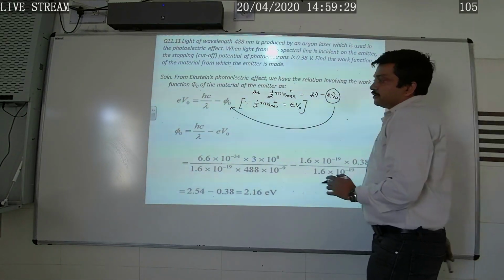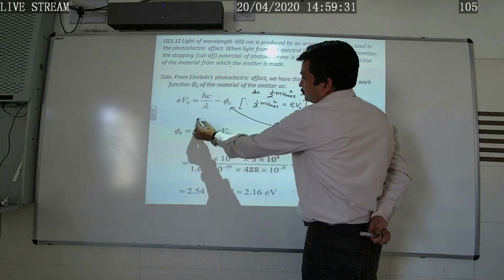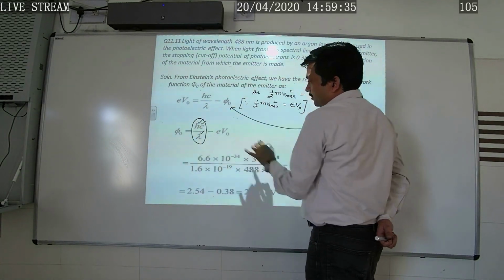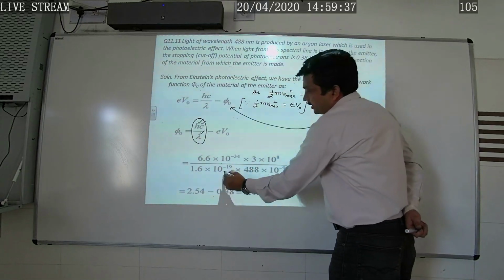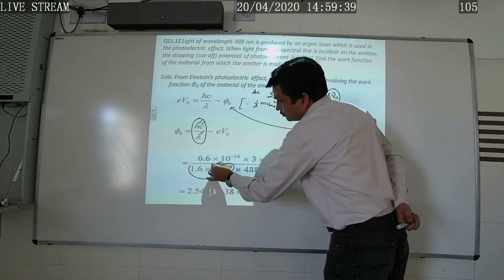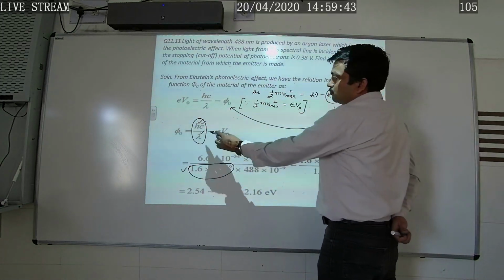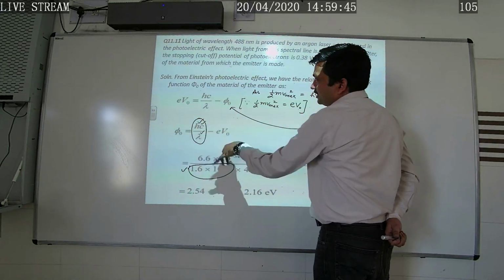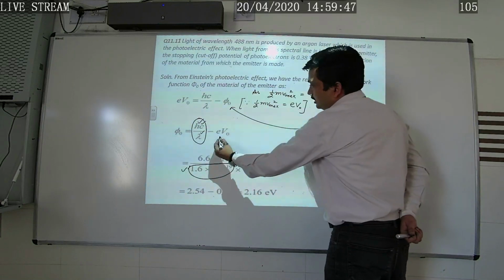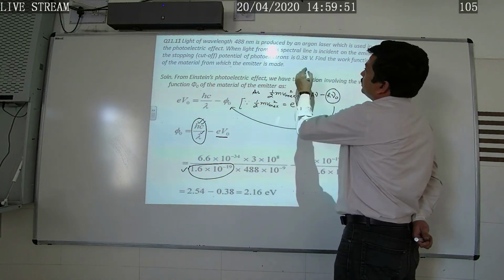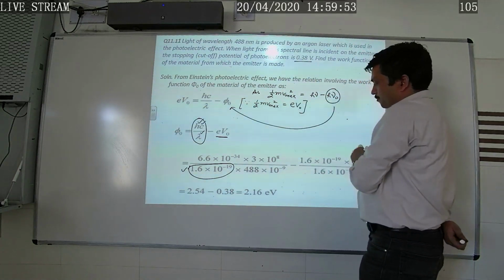One thing should be noted here: while substituting the values of Planck's constant, speed of light and wavelength, we have to divide by 1.6 times 10 to the power minus 19. Why? Because we want to convert this energy into electron volts. The stopping potential e V naught is already given to us, that is 0.38 volt.